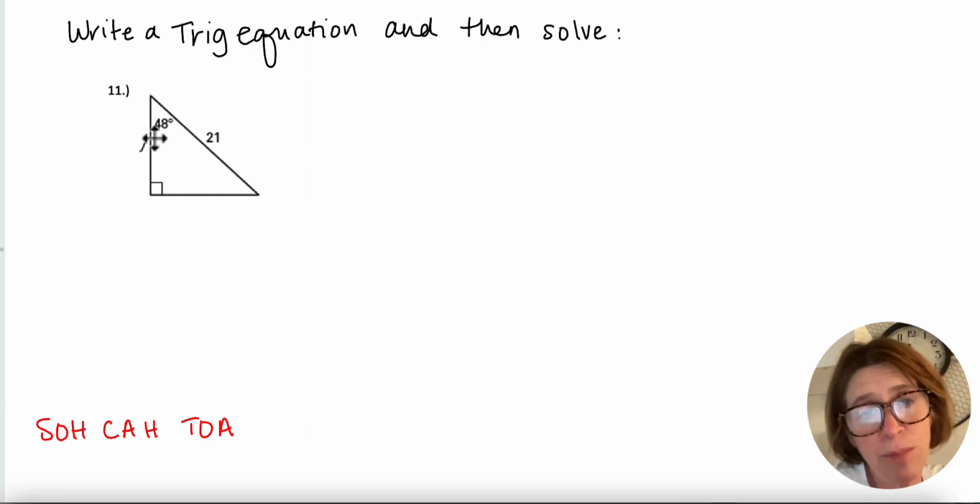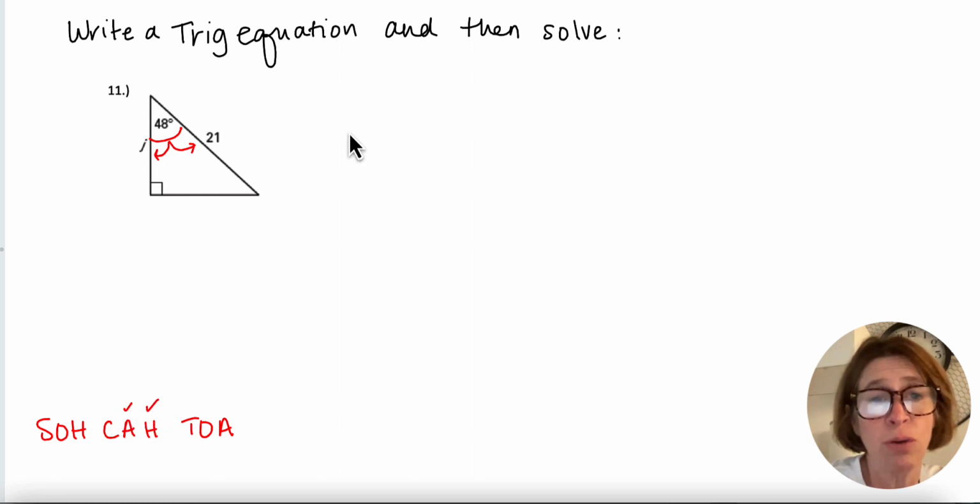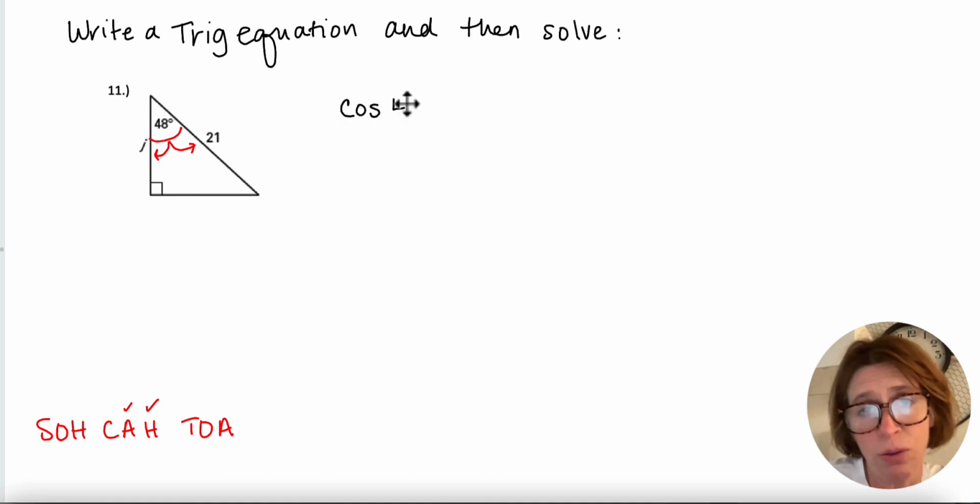Then I mark the angle and say, in reference to this angle, I want its adjacent side, and I have the hypotenuse. So adjacent and hypotenuse tells me I'm going to use cosine. So I fill in the trig equation: cosine of 48 equals j over 21.